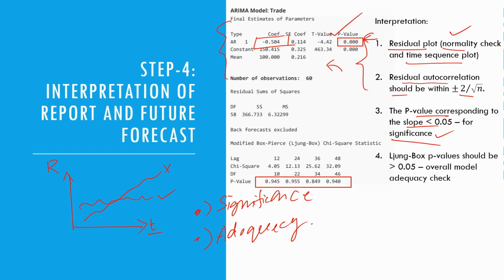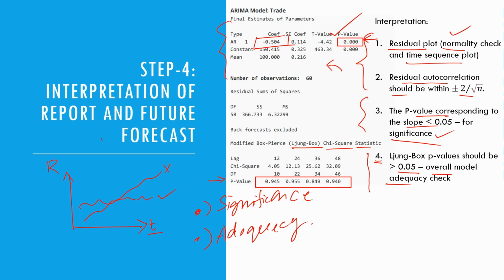Adequacy is the next step, the fourth, in which you will find this Q statistic. This is called the Ljung-Box chi-square statistic, whatever it is. So you will check these p-values. All these p-values should be greater than 0.05. If they are greater than 0.05, then the overall model is adequate. So these four checks are there.